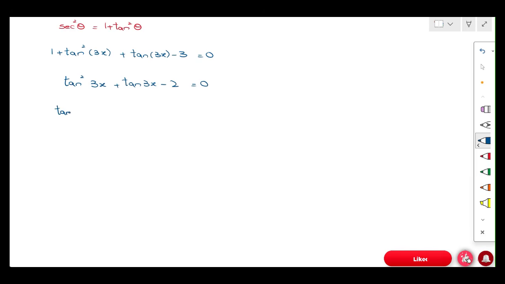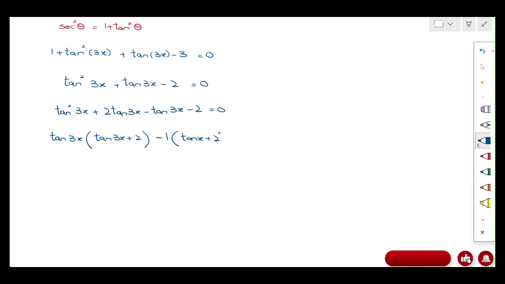So tan²(3x) + 2 tan 3x − tan 3x − 2 = 0. Take tan 3x common: tan 3x times (tan 3x + 2). Take negative 1 common: −1 times (tan 3x + 2) equals 0.